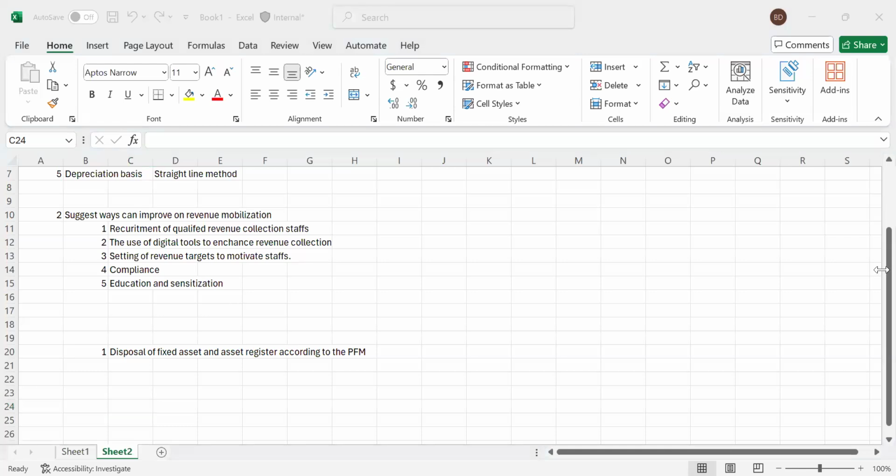So basically, the question is testing your understanding of the Public Financial Management Act when it comes to disposal of assets and asset register. What does the act say? Because this guy is from the private sector.